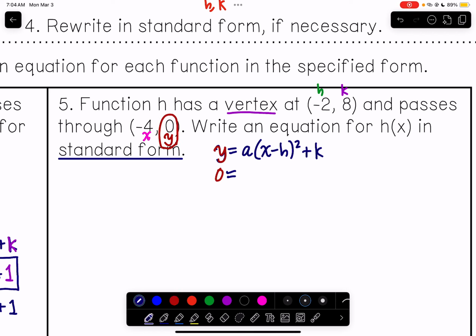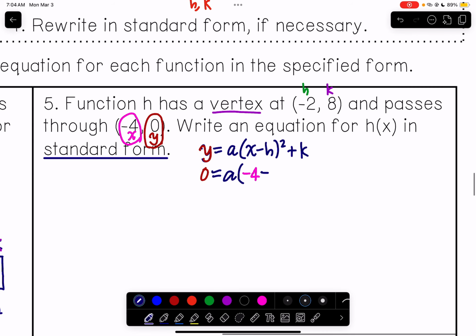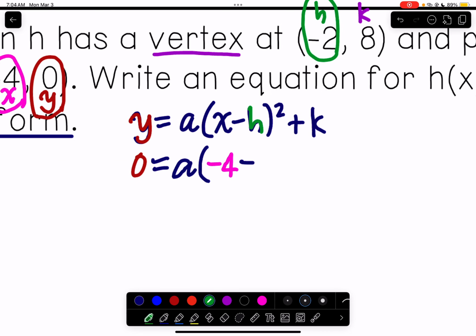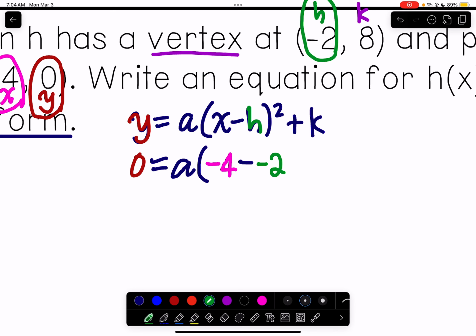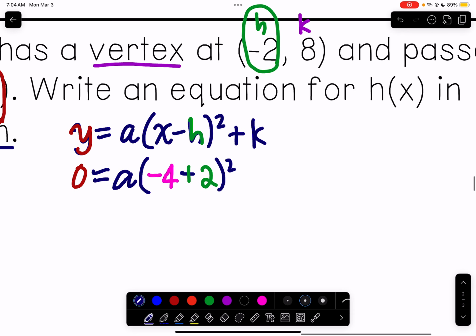So 0 equals a, which I don't know yet, times x, which is -4, minus my h, which is -2. So I'm about to have minus -2. I can just go ahead and make that a plus 2 squared plus k, which is 8.